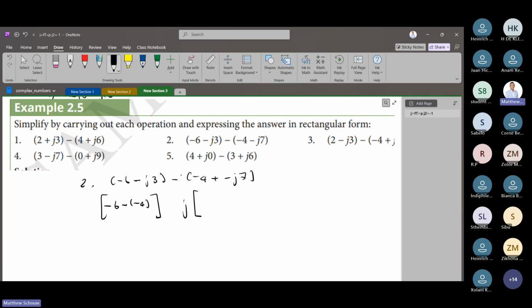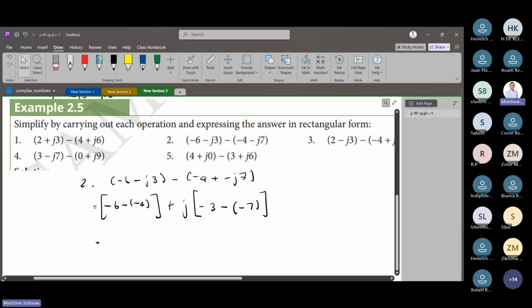Minus 3, right? You can keep a plus here. So it's minus 3 minus, what is it? Minus 7, right? This should give me negative 6 plus 4, which results in negative 2.